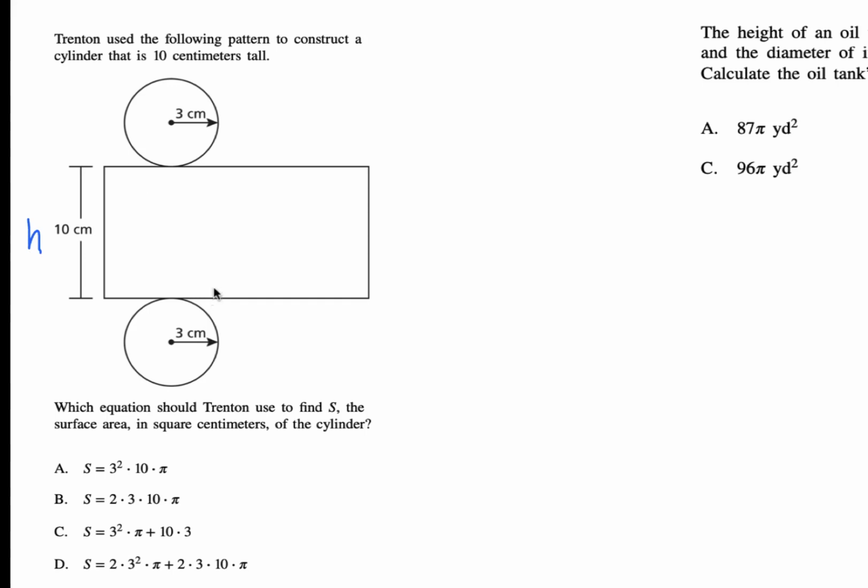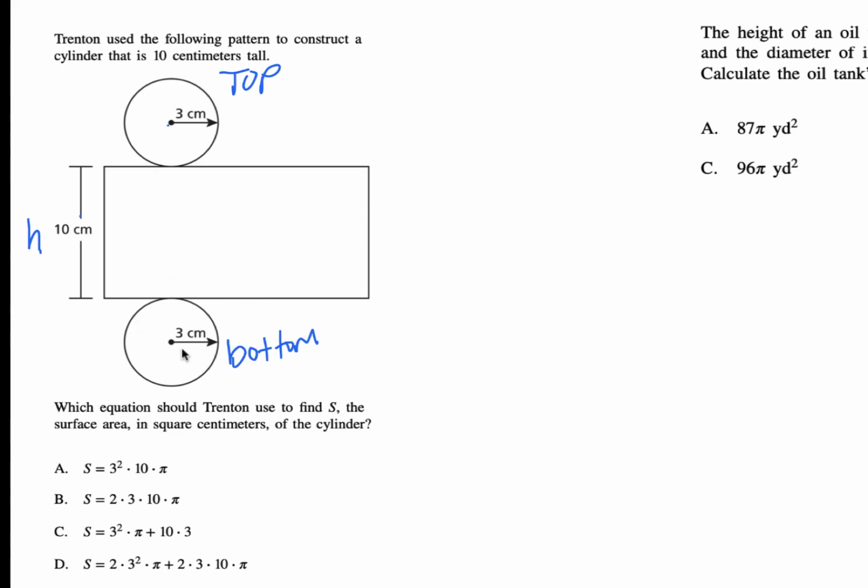Now, what's happening with this cylinder is that they kind of deconstructed it. So this is the height. This circle and this circle, this is the top. And this is the bottom. And this will be what will be wrapping around the cylinder. Or you can think of it as a can.